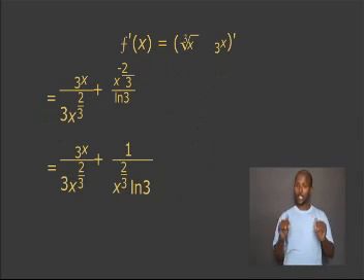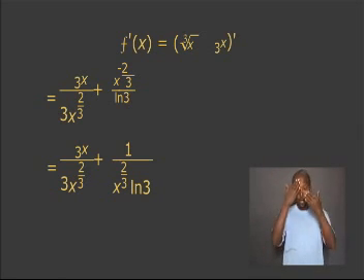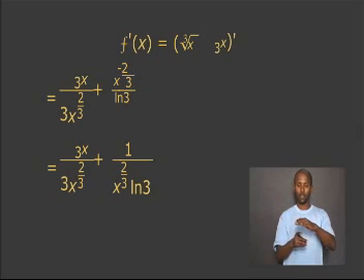This equals the logarithm of x to the base 3 over 3x to the power of 2 over 3 plus 1 over x to the power of 2 over 3 times the natural logarithm of 3. Have you followed each step, students? If you have, you know that we must find the common denominator between both terms in order to add them.